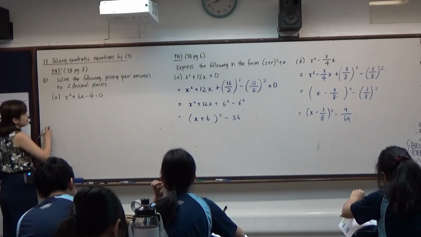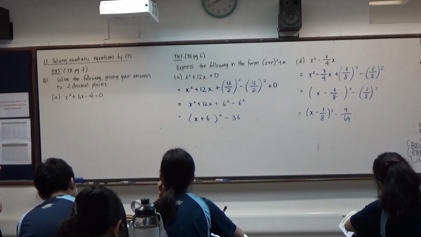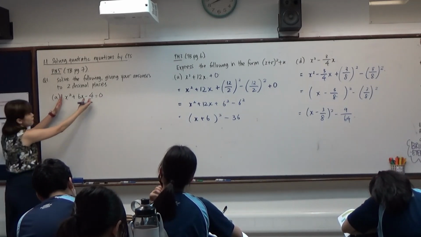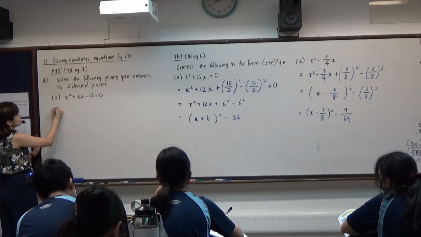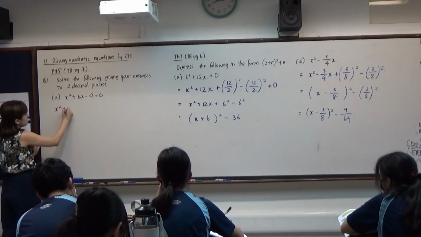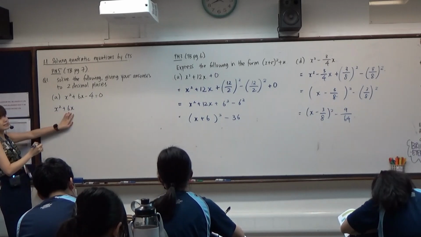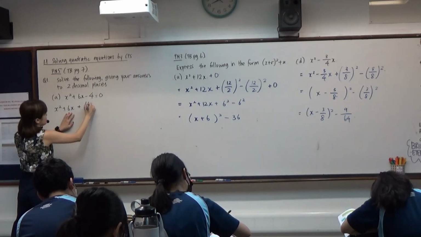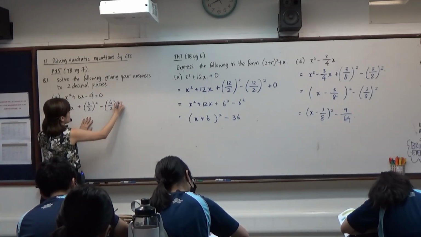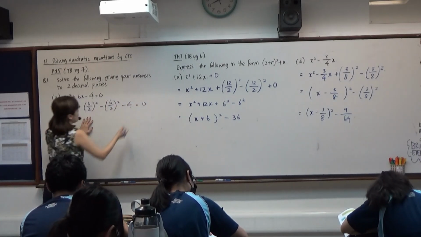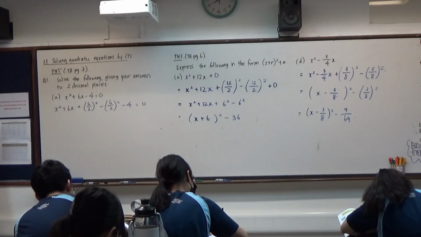So looking at this one here, x squared plus 6x minus 4, we do our completing the square. Focus on the left hand side first, right hand side we don't change it yet. So our completing the square will be x squared plus 6x plus 6 divided by 2 squared, minus 6 over 2 squared, minus 4 equals to 0.